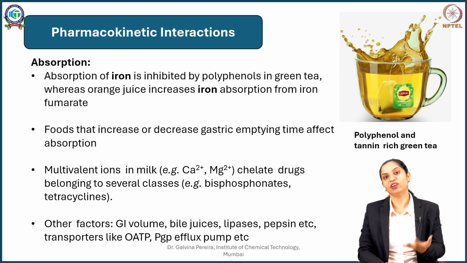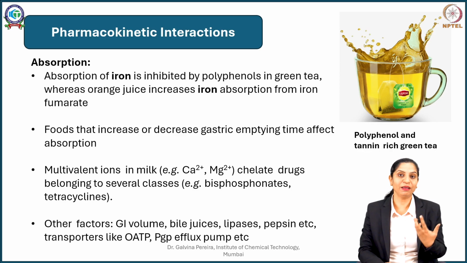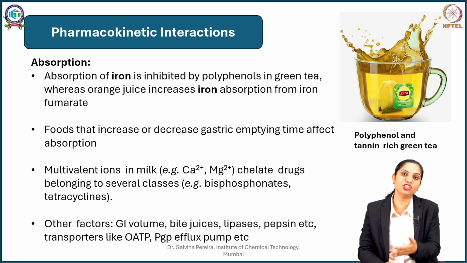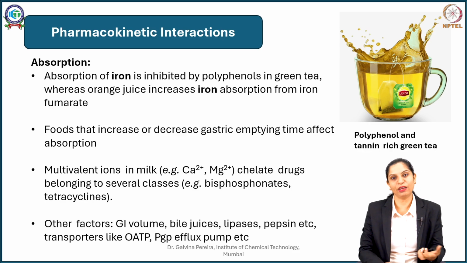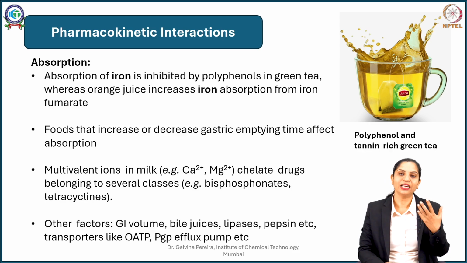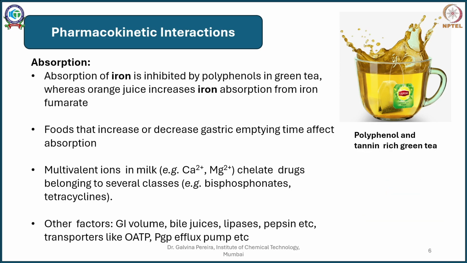So when you take your tea with milk, many times these tannins and polyphenols chelate with milk proteins and form a colloidal suspension. But if you are having it without milk, these tea polyphenols are free. So in this case you can just imagine, I am just giving a very simple case of gallic acid.